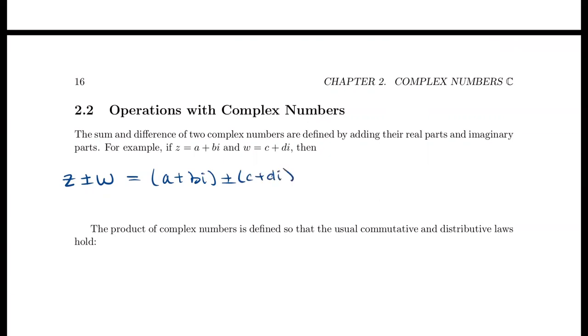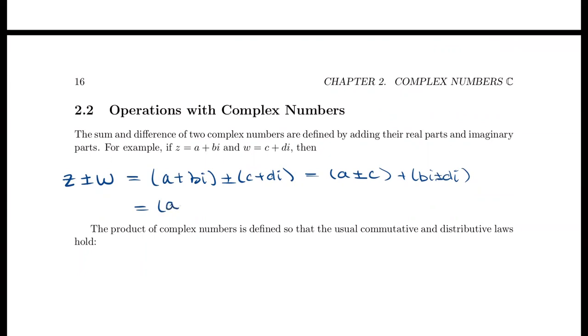Now, rearranging some of the terms a little, we're going to say a plus or minus c, plus bi plus or minus di.